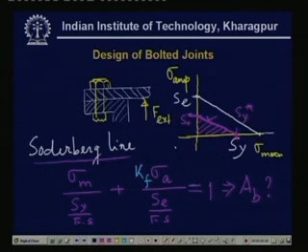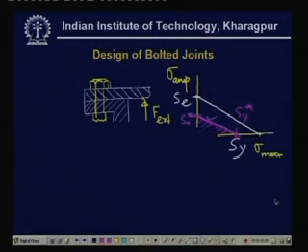Sometimes we use what is known as Goodman's line. So this is one way. Now the next approach is to use Goodman's line, which is joined from Se to S ultimate.